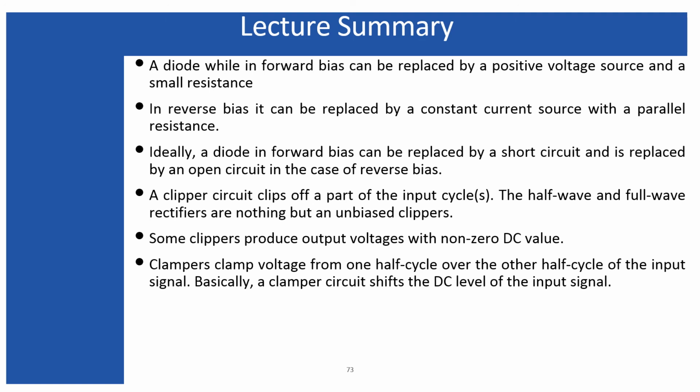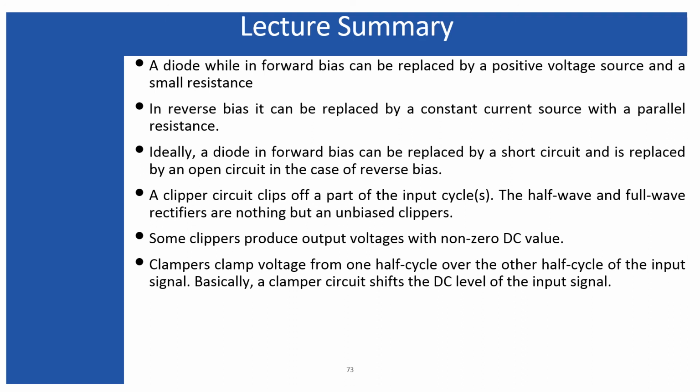In the reverse bias, a non-ideal diode can be modeled as a constant current source, although the current will be very small, but still the current due to the minority carrier is of the order of microampere. So that is why I am modeling it as a constant current source of very small amplitude, and with a very high resistance across the current source, because the resistance is defined by the slope of the VI characteristics, and since in the reverse bias the slope is almost parallel to the x-axis, so the slope is approximately equal to 0.